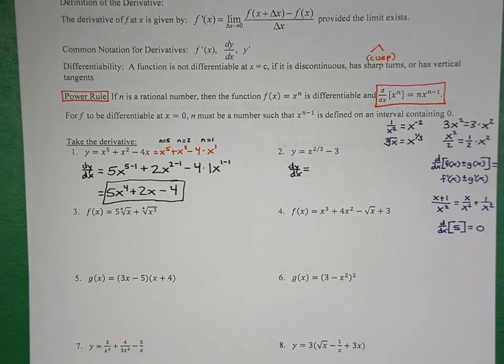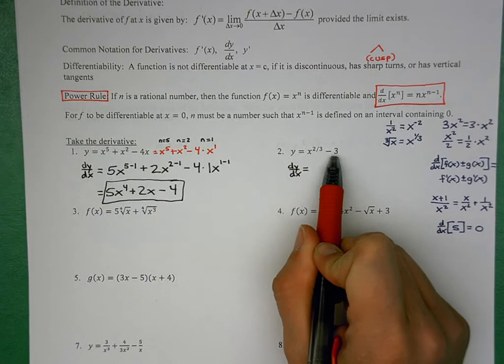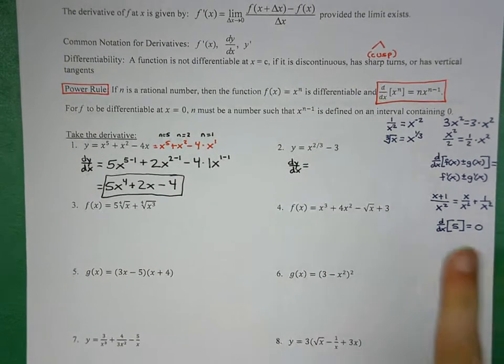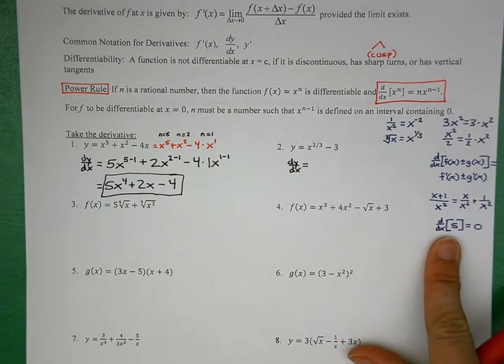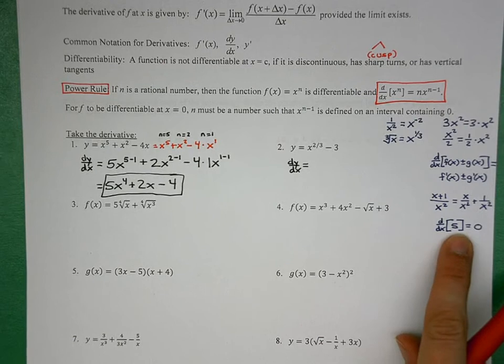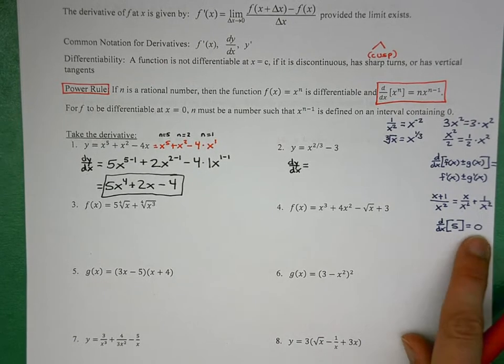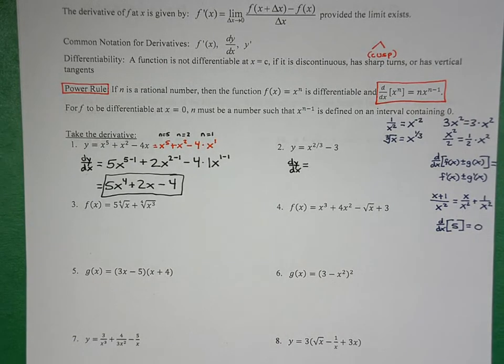Okay? One, you can look at this and you can go, oh, that's a constant. And I know that the derivative of a constant, aka the slope of a horizontal line, is 0. And so you can go, I'm not going to worry about that anyway, it's going to be 0, and call it good, and you can just focus on the x to the 2/3.